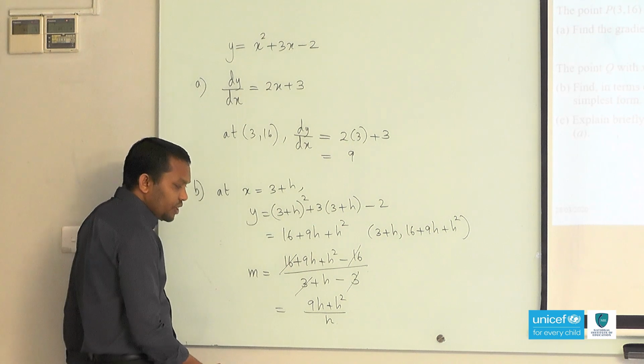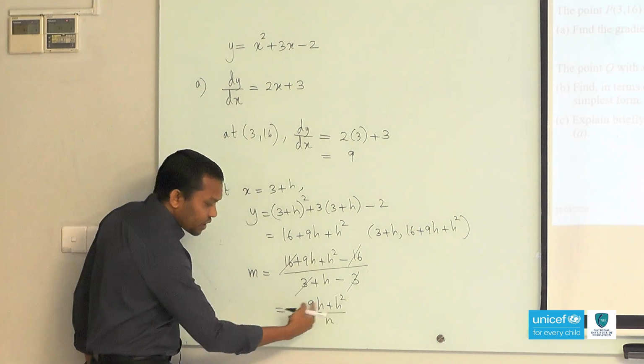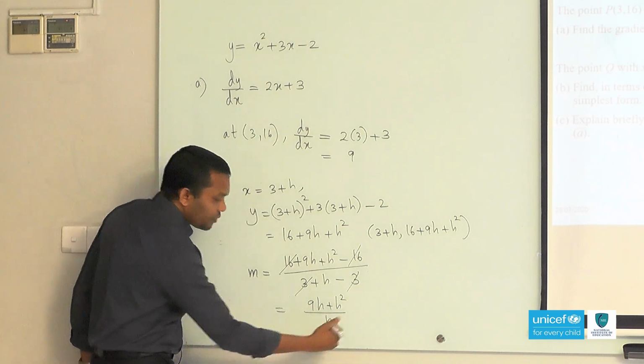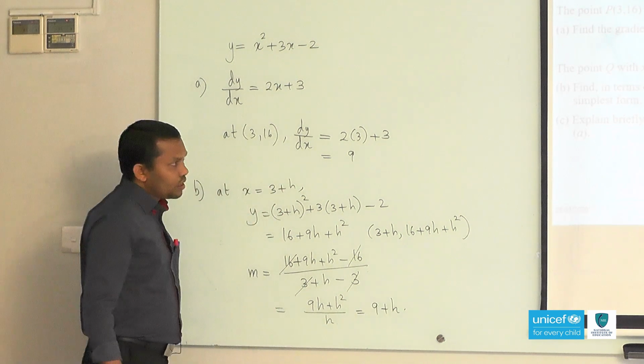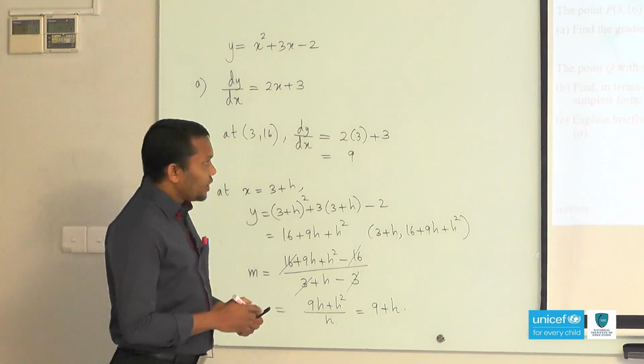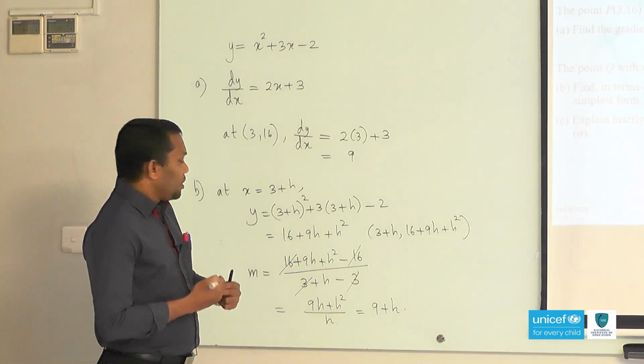This can be further simplified as we can factor out h from the numerator and cancel with the denominator h, giving you 9 plus h. That is the gradient of the line PQ.